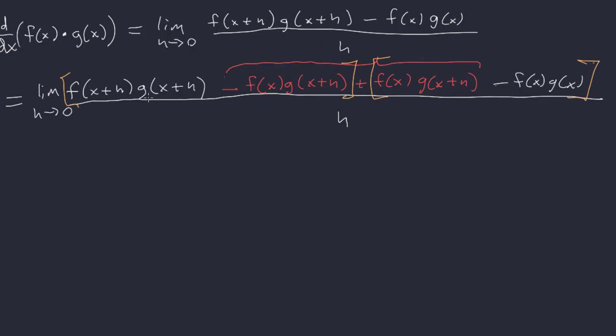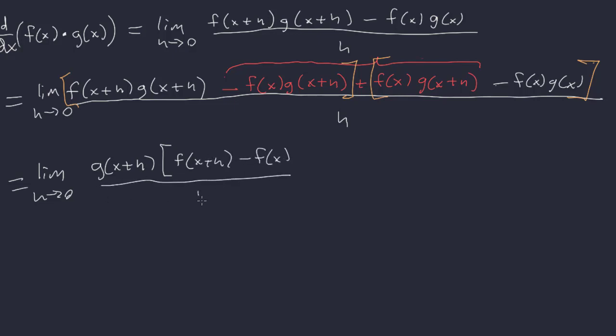In this group, they both share a g of x plus h, and in this group, they both share an f of x. So we can actually factor. This will be the limit as h goes to 0 of, let me go ahead and factor it out, g of x plus h times f of x plus h minus f of x all over h.